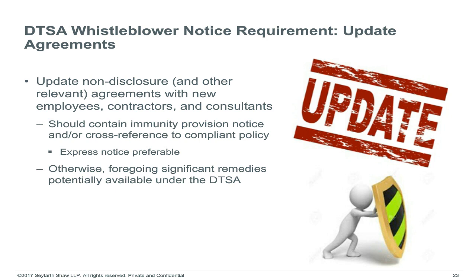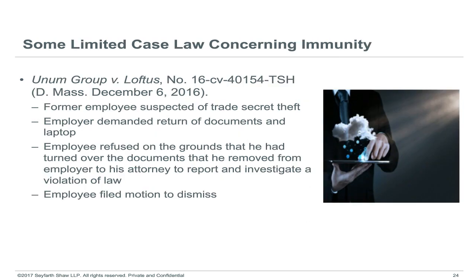And then, lastly, before we jump into the next topic, I made mention that employees that take data related to their whistleblower claim will have an affirmative defense under the DTSA, and we saw that played out in the Unum case in Massachusetts. Now, in this particular case, the employee was suspected of trade secret theft.